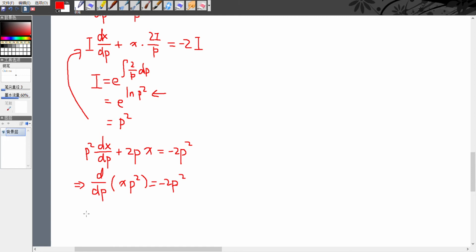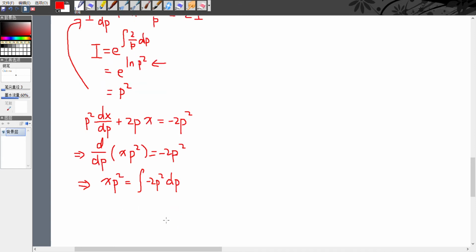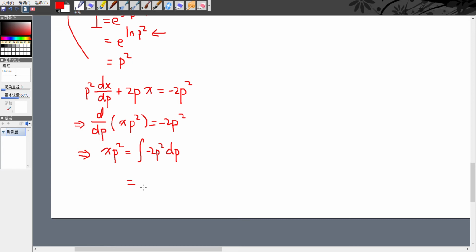Now we integrate on both sides. So what we will have is xp squared is equal to the integral of negative 2p squared dp, which is literally just equal to negative 2 over 3 p cubed plus c.